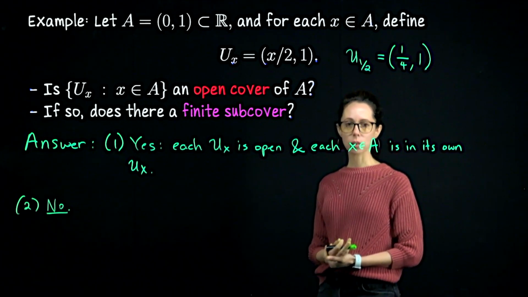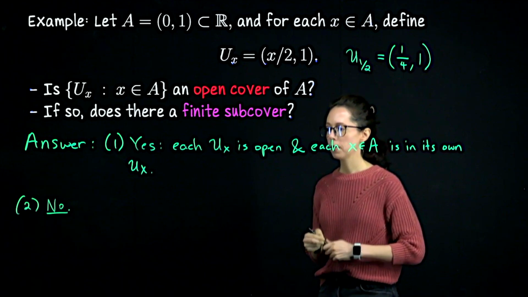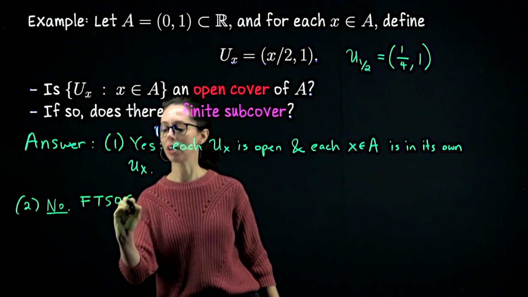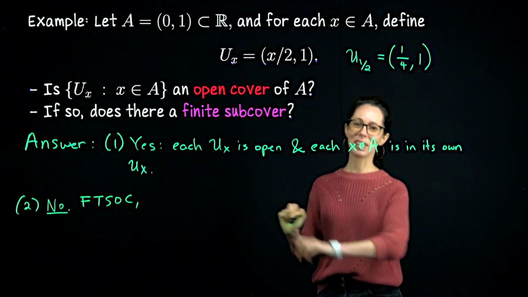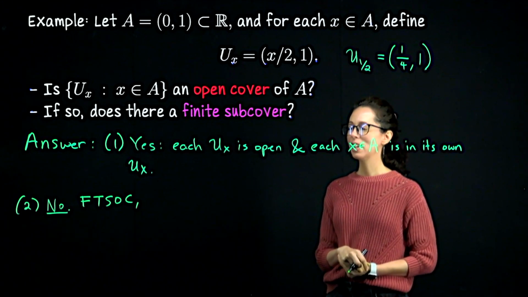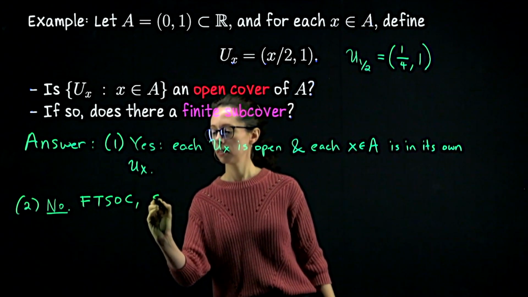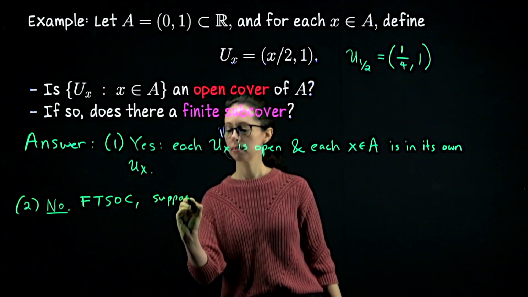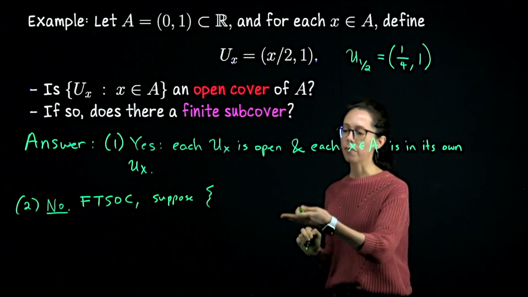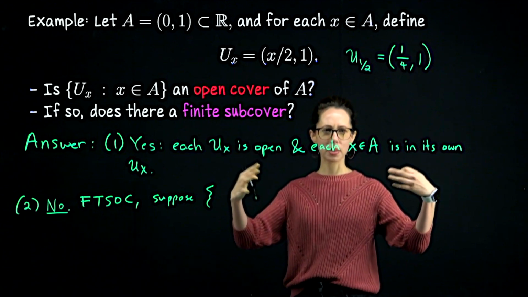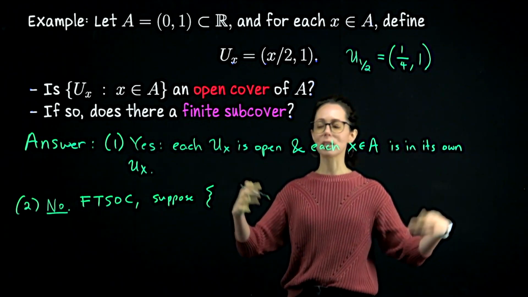I think the cleanest way to show this is to use contradiction. So I will write, SOC, which means for the sake of contradiction. Suppose that there is a finite subcover. What I'm going to do is provide a set of these open intervals, and I'll use the subscripts to index through this finite set.